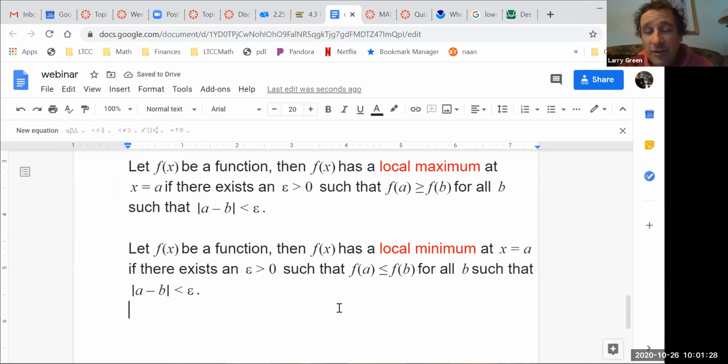So again, a maximum means you're the highest of your neighbors, and a minimum means you're the lowest of your neighbors. Any questions on that? Any questions?